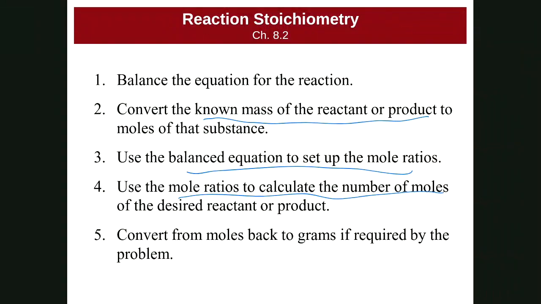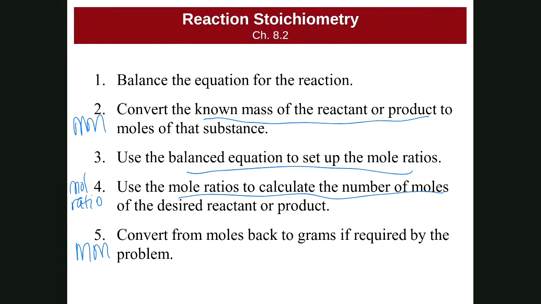And finally, if the problem wants you to go back to grams for your desired reactant or product, you convert from moles back to grams using the molar mass. So these steps use the molar mass, and this step uses the mole ratio. Those are your conversion factors for those steps.